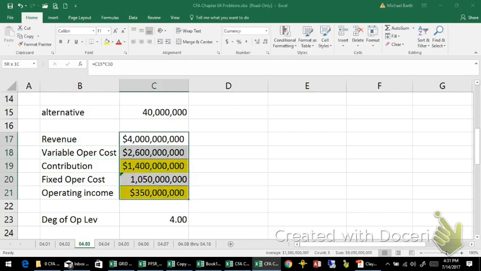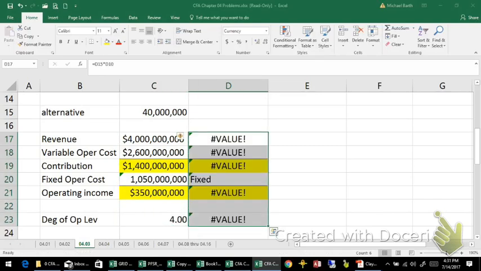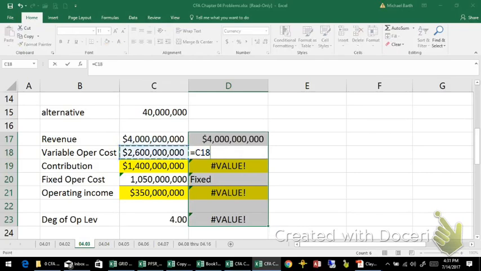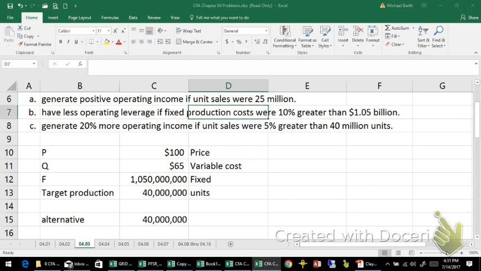But we could check that simply by copying all this. That'd be the same, that'd be the same. But if we multiply the fixed costs by 1.1, since the problem says 10% greater.